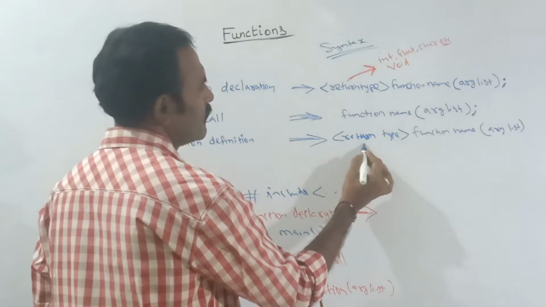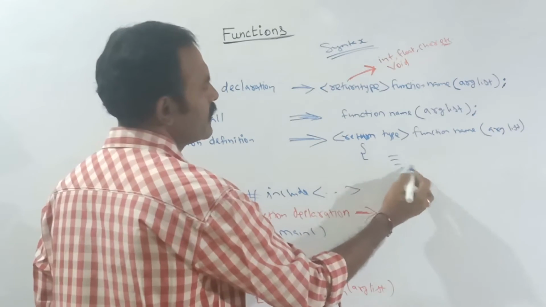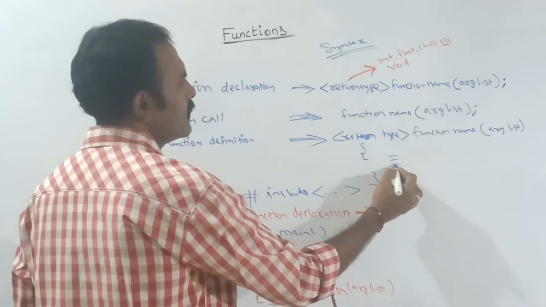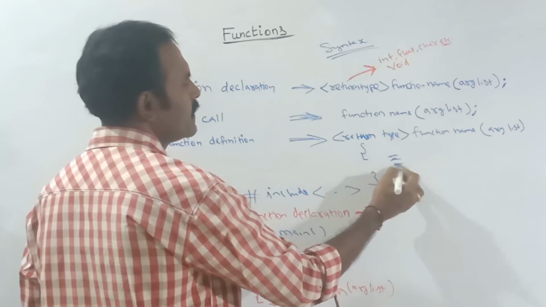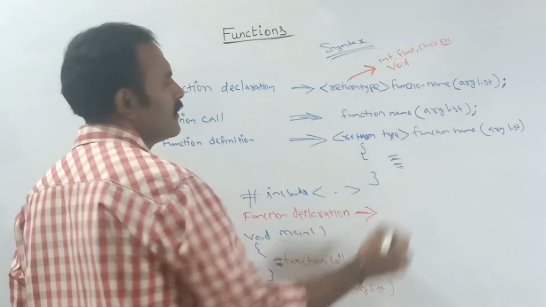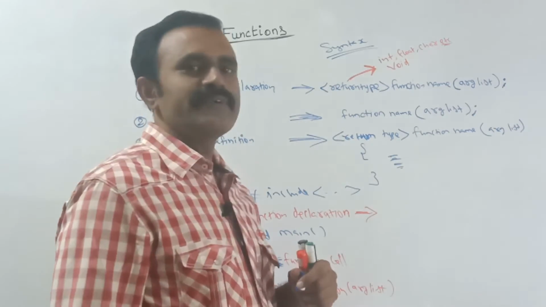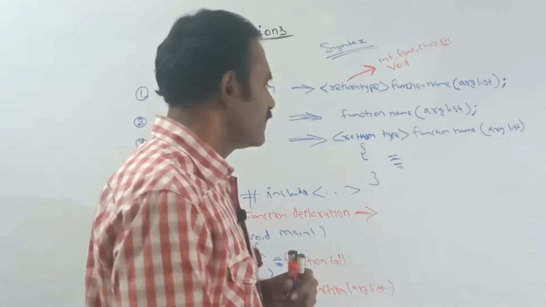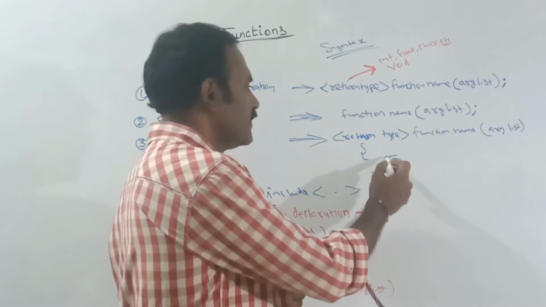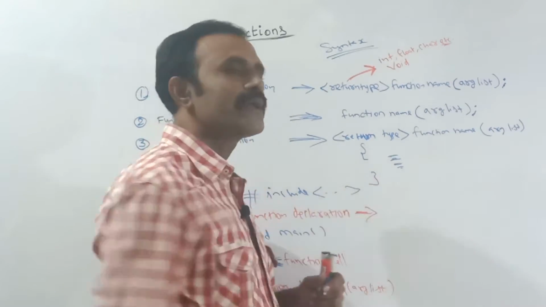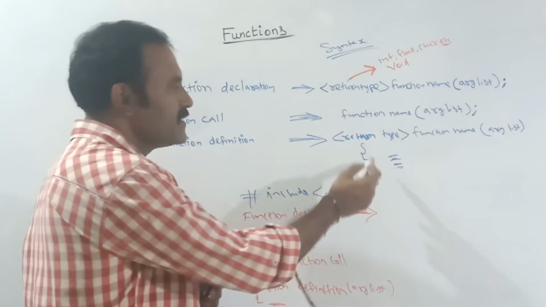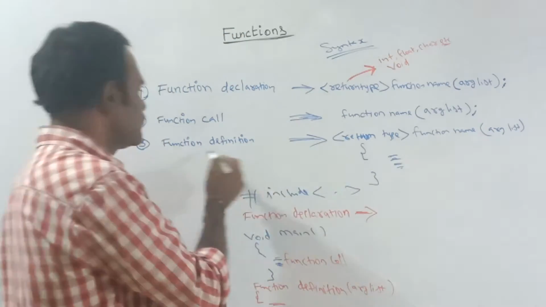Within braces we define the task we need to perform. The relevant code can be written right inside the function definition part.